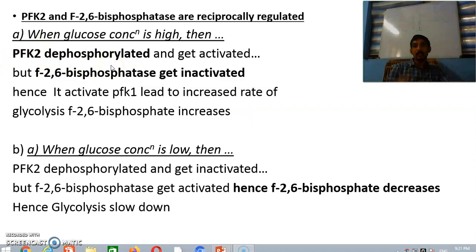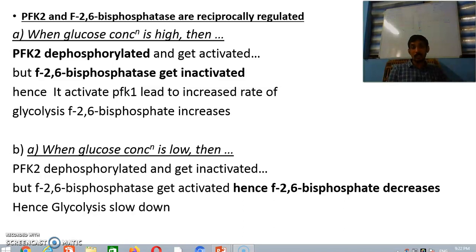That is what happens here. Suppose you imagine when glucose concentration is very low, then what happens is PFK2 and fructose 2,6-bisphosphatase, both the enzymes get phosphorylated. Phosphorylation of PFK2 results in its inactivation, whereas phosphorylation of fructose 2,6-bisphosphatase results in its activation.